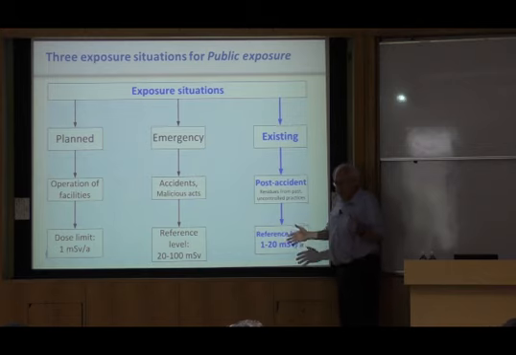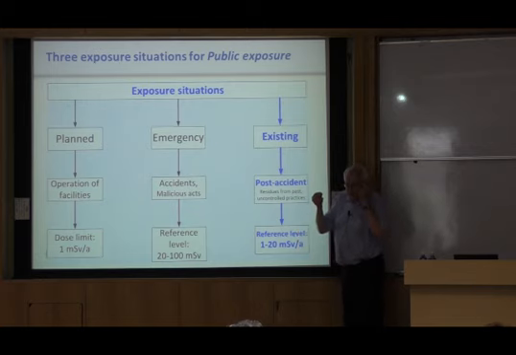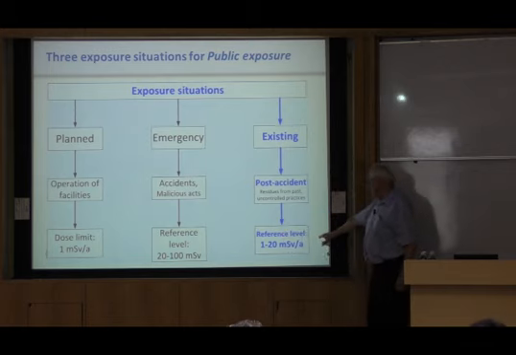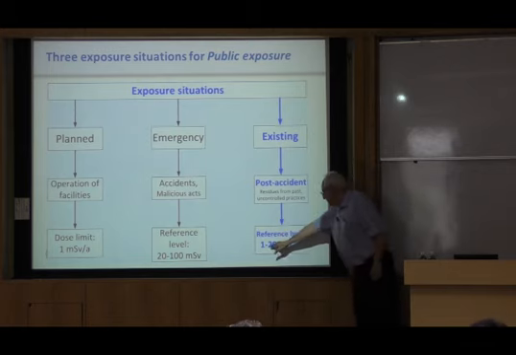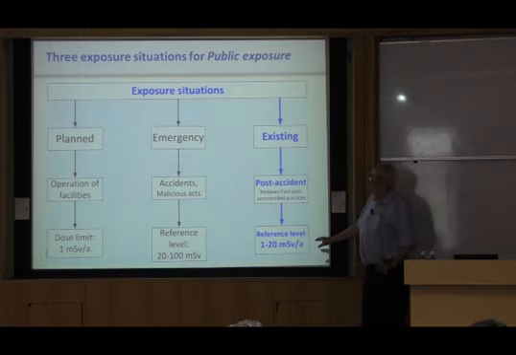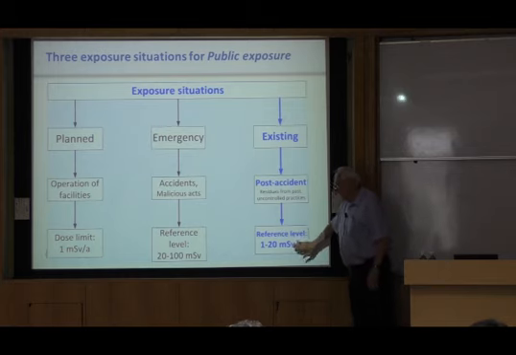Again, also in this case, from the very beginning, you do not really know what are the special conditions, and therefore also a target level is given of 1 to 20 millisievert. It should not be higher than 20, but it should be as low as possible.